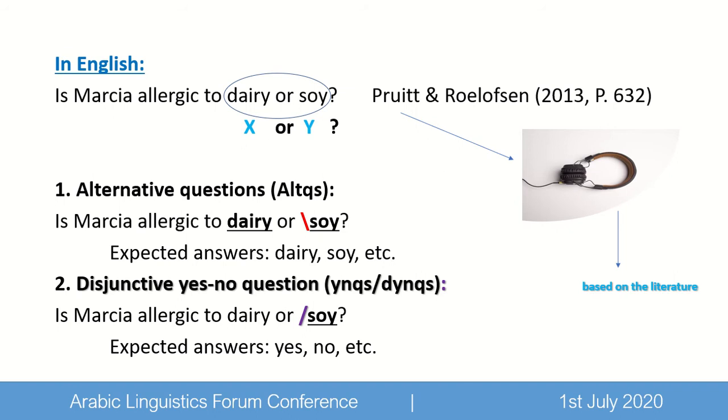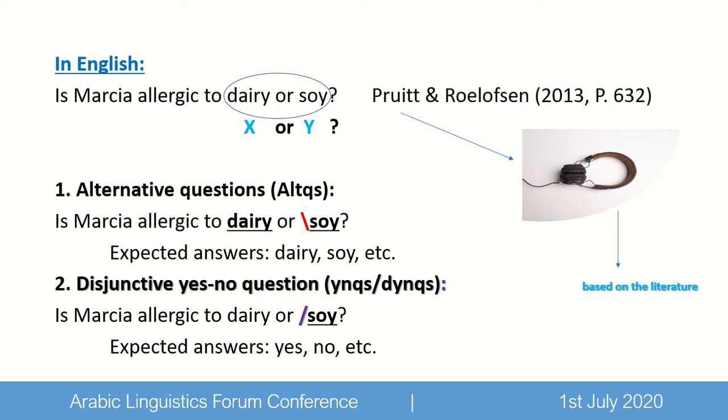Now in English, Pruitt and Roelofsen ran a perception study to disambiguate these two types of questions, which are string identical, and they gave this example: is Marsha allergic to dairy or soy?